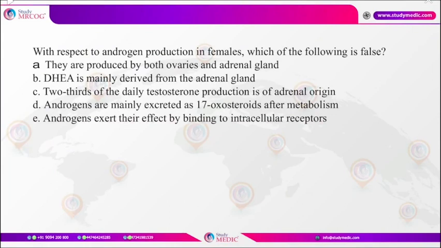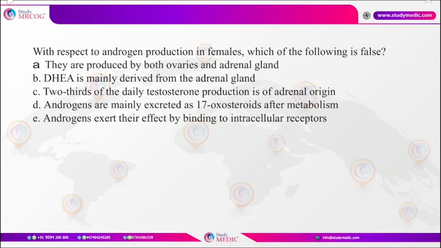With respect to androgen production in females, which of the following is false? They are produced both by ovaries and adrenal. DHEA is mainly derived from the adrenal. 2/3 of the daily testosterone production is of adrenal origin. Androgens are mainly excreted as 17-oxosteroids after metabolism.